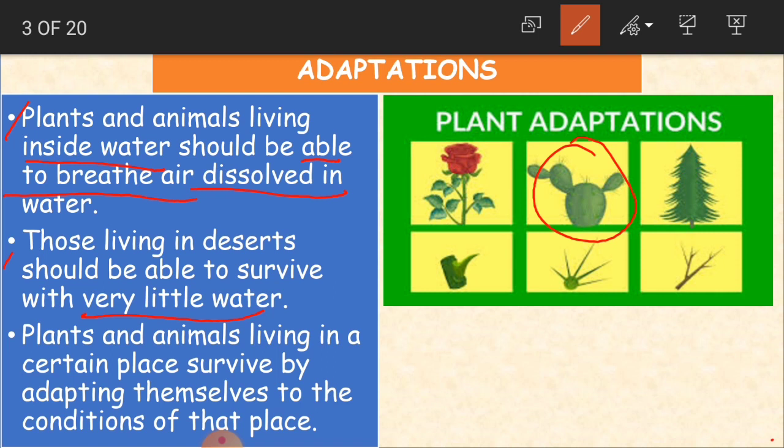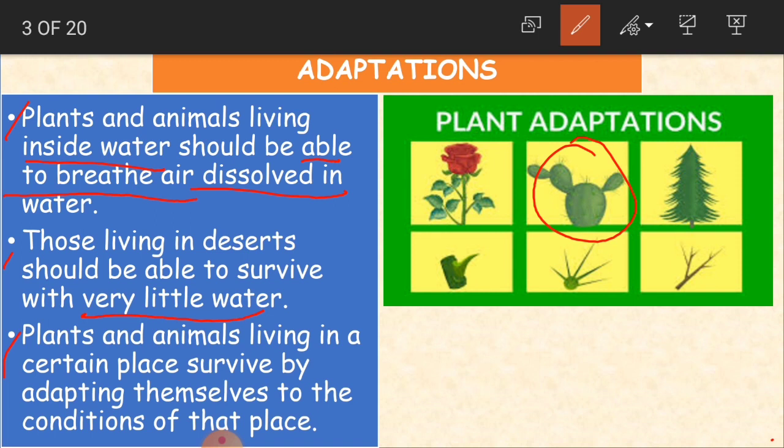Clear, children? And the third one is plants and animals living in a certain place survive by adapting themselves to the conditions of that place. Plants live in different places, like different soils, red soil, black soil, or near water areas, near mountains, in the hill areas, in snow areas, so many places.